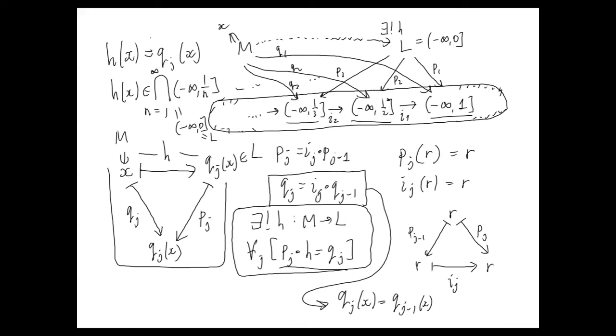Knowing that it has to be defined the way we wrote it down, and that that value actually is uniquely determined, and knowing that it belongs to L, we've now shown that there is a unique H from M to L, such that for every J, Pj composed with H equals Qj. Does that make sense?